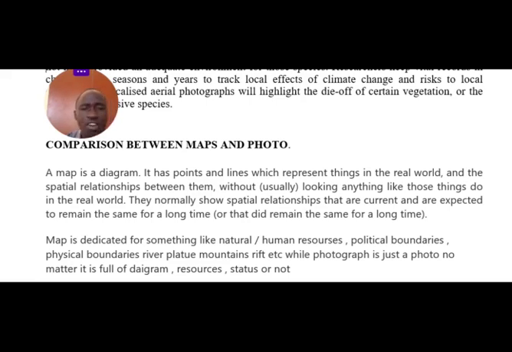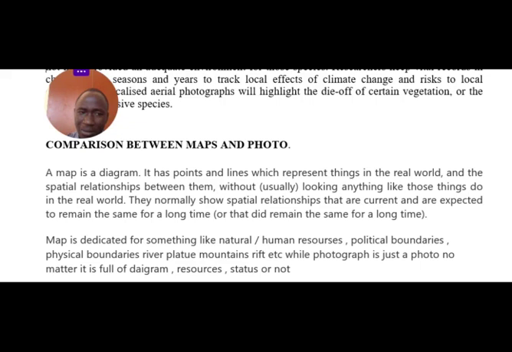These ones normally show the spatial relationship, and they remain in the same way as they are drawn. In other words, they remain in the same way for a longer period.